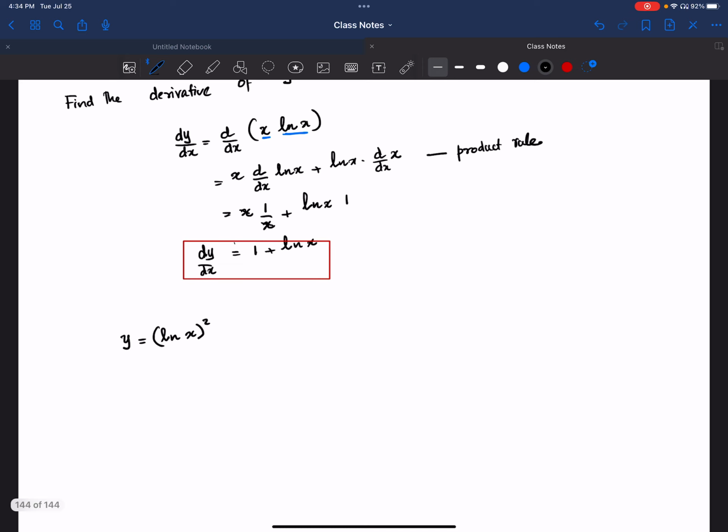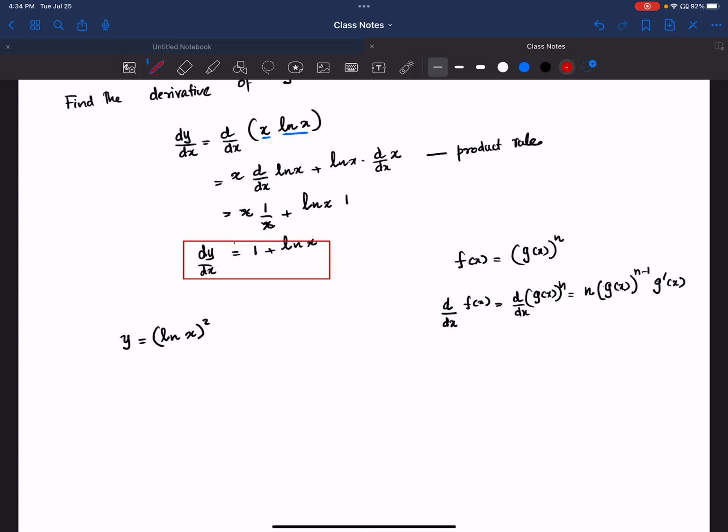The power rule is d over dx: if you have a function f of x which is equal to g of x to the power n, what we can write is d over dx g of x to the power n is equal to n times g of x to the power n minus 1 times g prime of x, right?